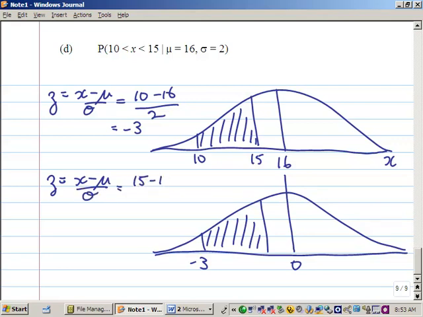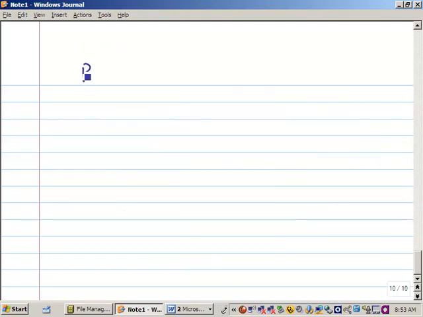It's 15 for the limit, 16 for the mean, standard deviation of 2. 15 is 1 unit down, which is half a standard deviation. Okay, so that's minus 0.5. So the probability that we're looking for here is equal to the probability of getting a z between minus 3 and minus a half.